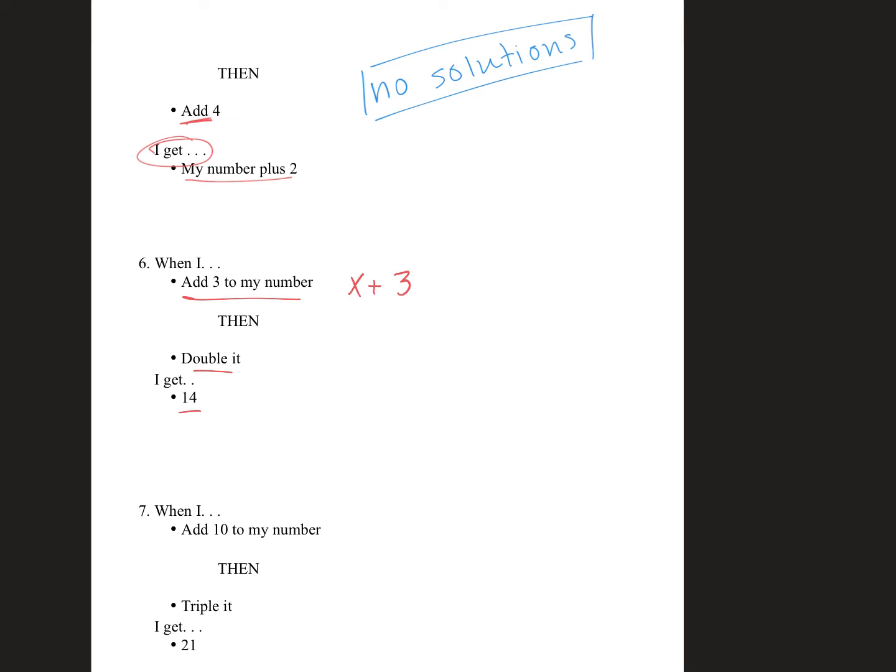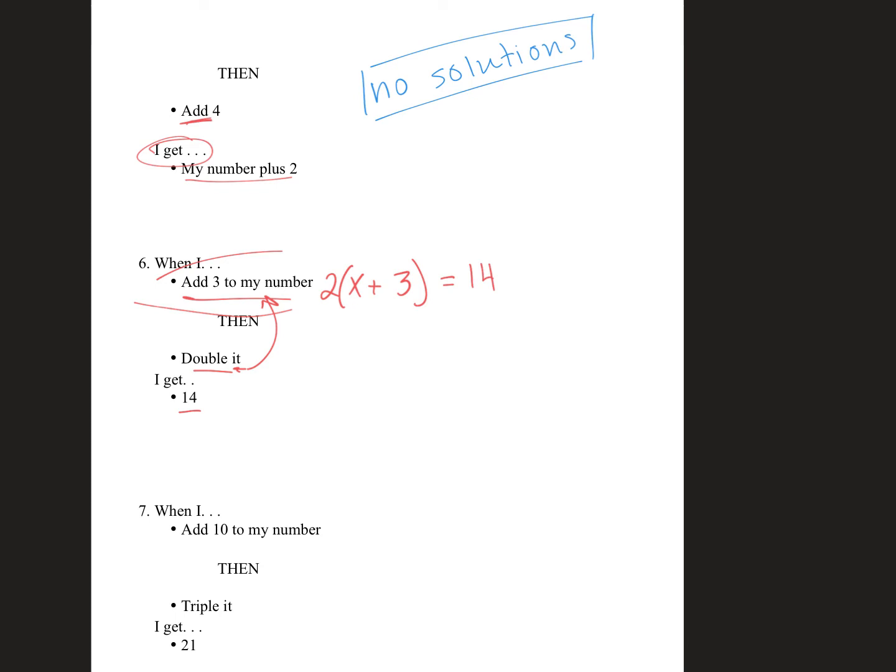When I say it here, I'm talking about this entire thing, not just x, I'm talking about x plus 3. So I double that, I multiply that by 2, and then I get 14.